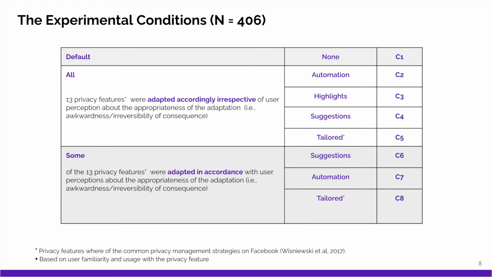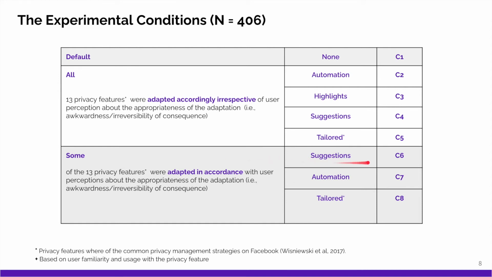The highlight adaptation was applied to any privacy feature the participant indicated using only occasionally, and no adaptation was applied if the user had consciously decided not to use the privacy feature. That is to say, they were aware of the privacy feature but never used it, or used it only once and then abandoned it. And then suggestion adaptations were applied if the user was not aware of the feature itself.